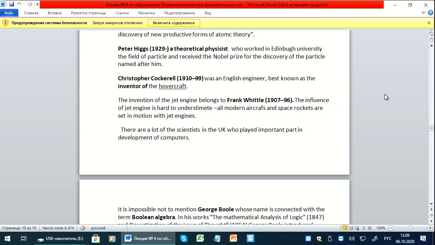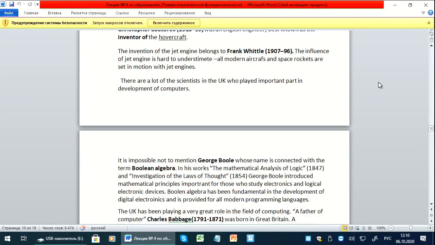In his works, The Mathematical Analysis of Logic, which was published in 1847, and Investigation of the Laws of Thought, which was published in 1854, George Boole introduced mathematical principles important for those who study electronics and logical electronic devices. Boolean algebra has been fundamental in the development of digital electronics and is provided for all modern programming languages.